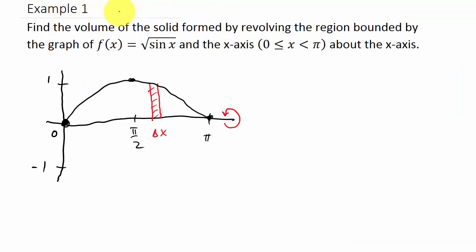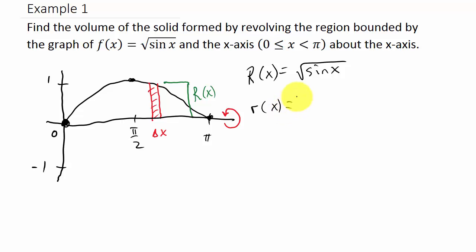Let's set up our integral. Big R of x is this distance here. The distance from here to here is the square root of sine x. And little r of x is equal to what?